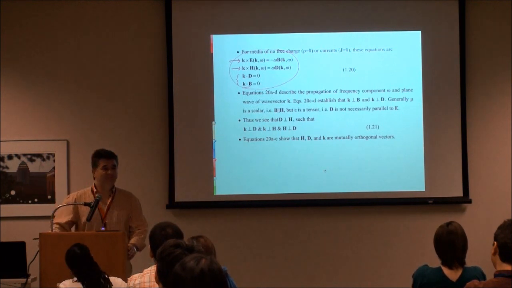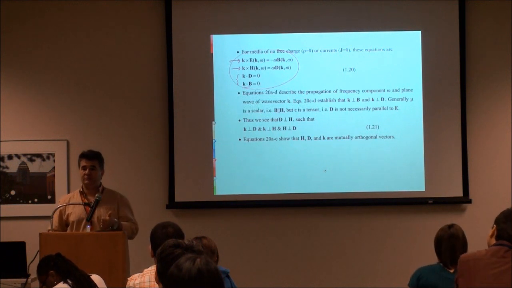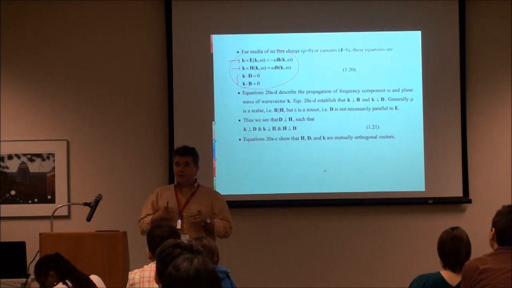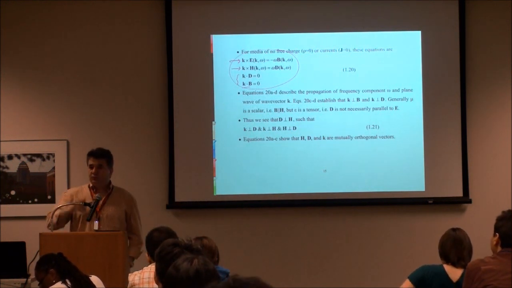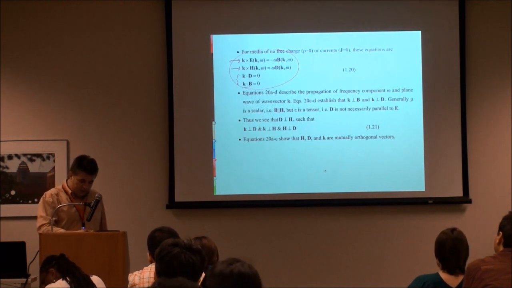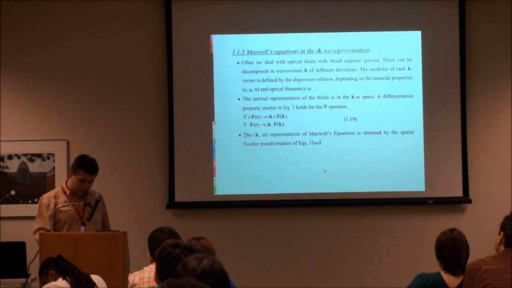I never dealt with that in real life, but it exists. So if your mu, the magnetic response, is anisotropic, then H and B are not necessarily parallel. But in most optics labs, we don't really worry about magnetic response. Okay? So that's why I ignored it here. Most of the time you have k, h, and d that are mutually perpendicular.